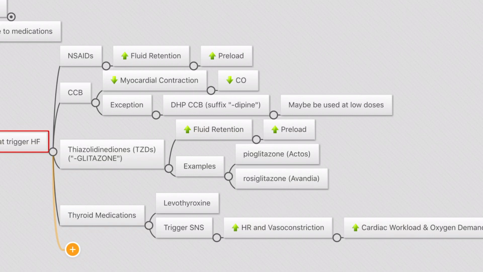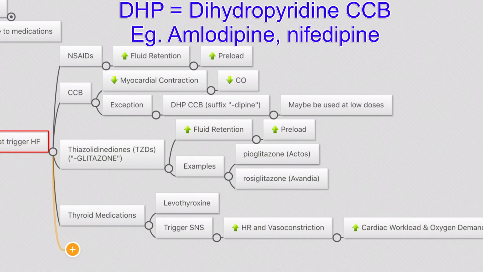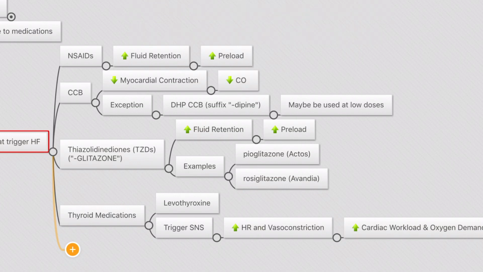Calcium channel blockers are going to decrease myocardial contraction, and that will decrease cardiac output. So perfusion can be an issue. An exception will be the DHP, dihydropyridine calcium channel blocker, that ends with dipine. For instance, amlodipine may be used at low doses, and that might not cause a decrease in myocardial contraction.